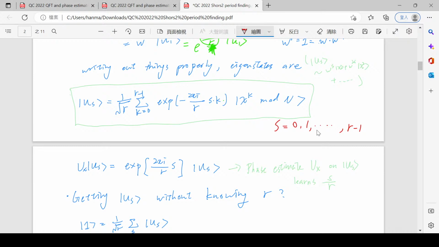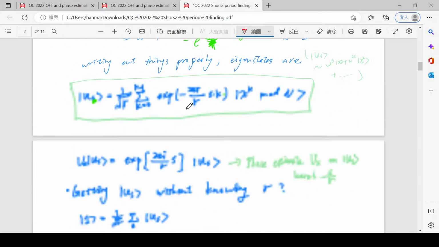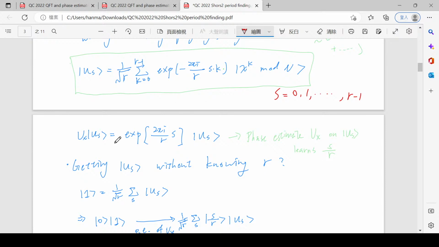We have our eigenstates here, U_0, U_1, all the way to U_{r-1}. And we see U_0 is kind of useless because its eigenvalue is just 1.